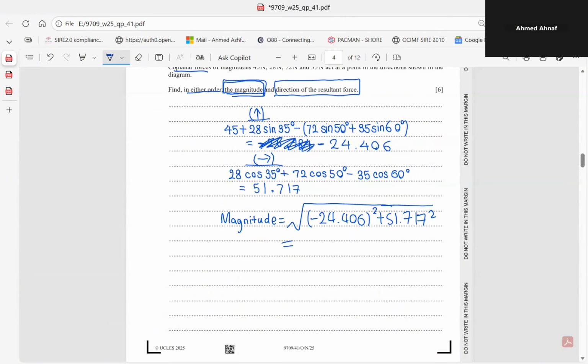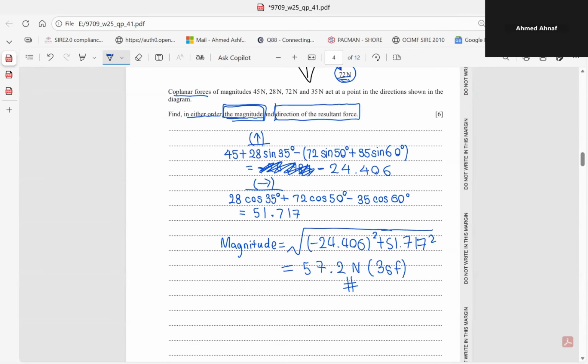So answer squared plus 28 cos 35 plus 72 cos 50, 35 cos 60 squared. Okay, and then square root. You would get 57.2 newtons to 3SF. And this is the final answer, so I left it in 3SF.